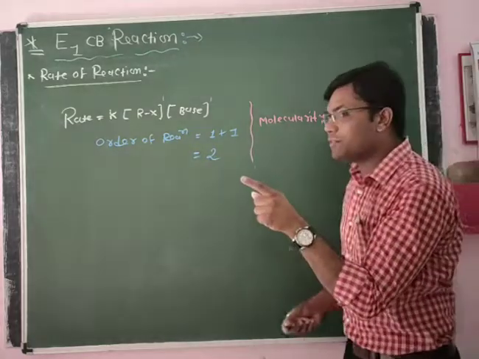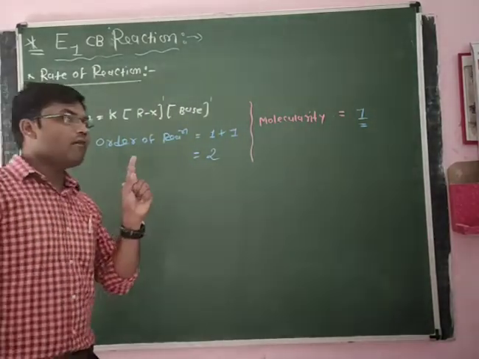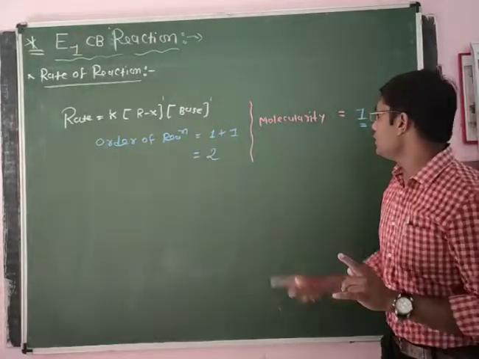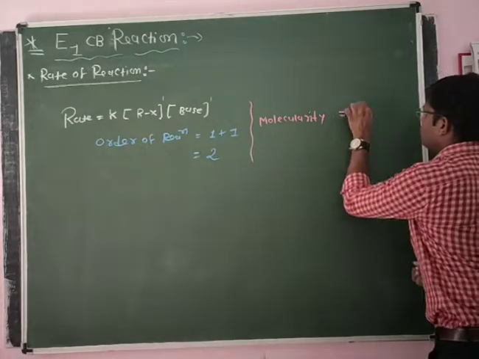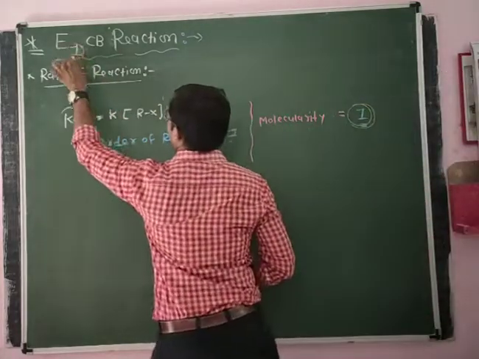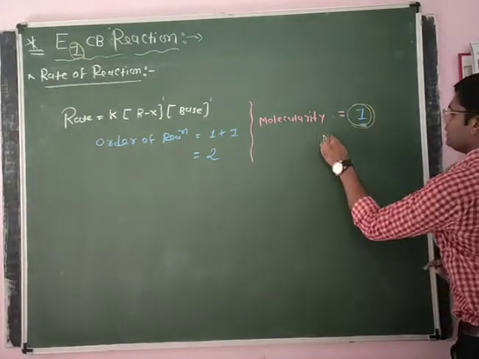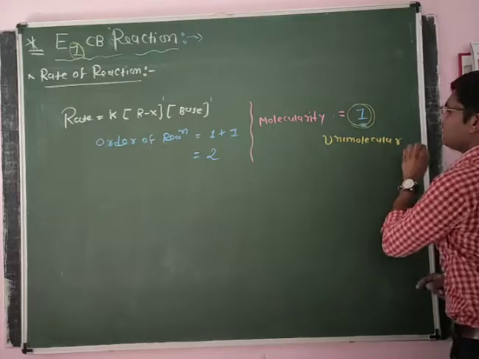Because the second step is the rate determination step. In the second step, you know very well, only one substrate is involved, not a base. So we can say its molecularity is 1, and so it is known as E1. It is known as E1, unimolecular. So we can say it is unimolecular.